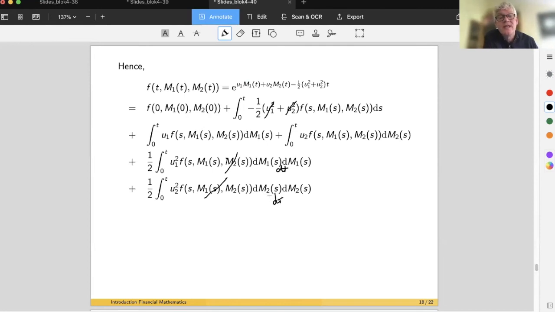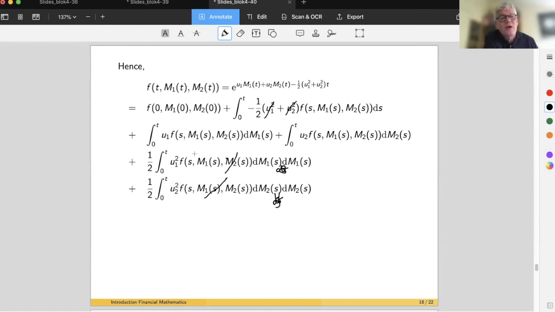And here we see that some terms will cancel out. We have minus 1/2 u1 squared f ds, and here we have plus 1/2 u1 squared f ds. And here we have minus 1/2 u2 squared f ds, and here plus 1/2 the integral from 0 to t of u2 squared f ds.